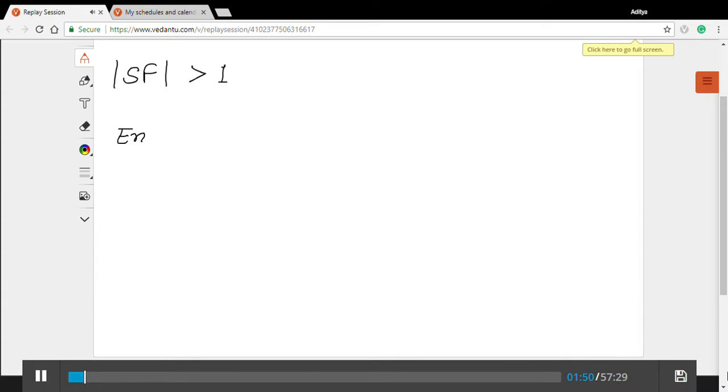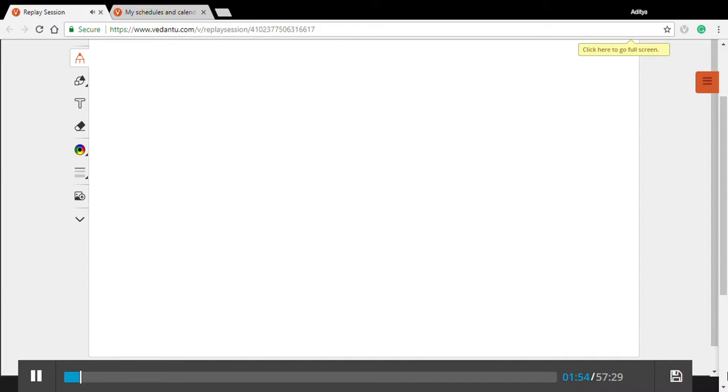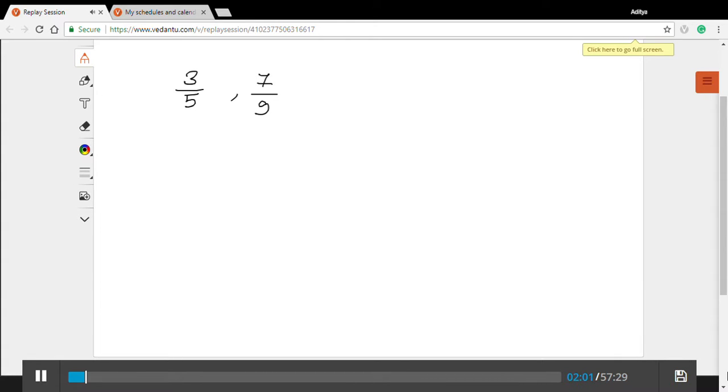Now, how is it greater than 1? Let me tell you first. A proper fraction is something like 3 over 5. 7 over 9 is still a proper fraction. So proper fractions are always less than 1. Whenever a scale factor is less than 1, the figure is diminished.